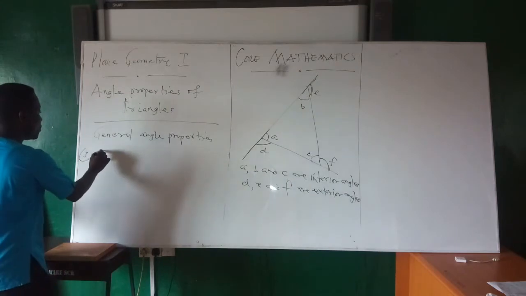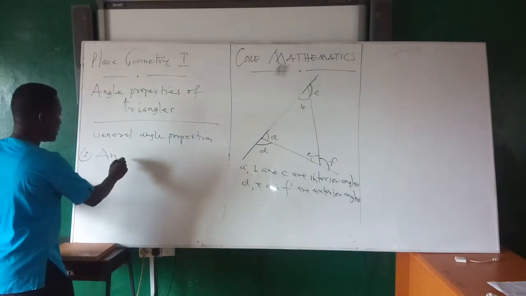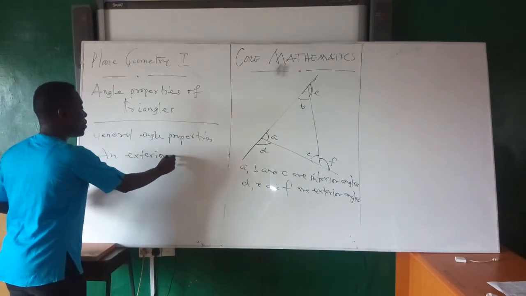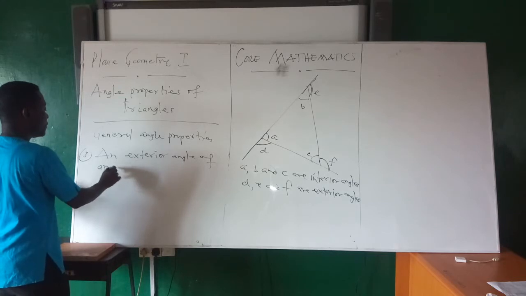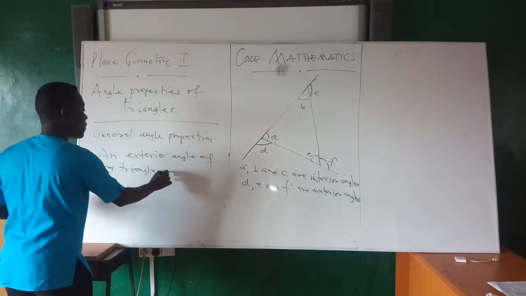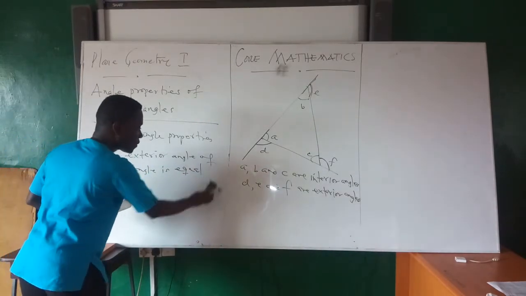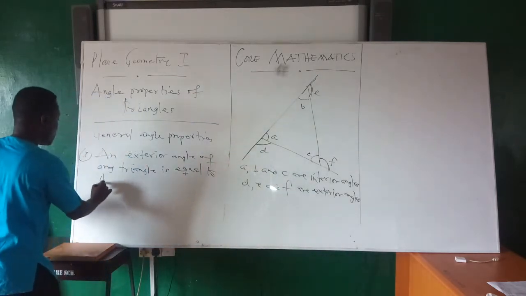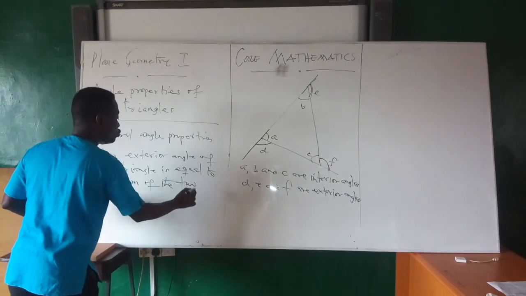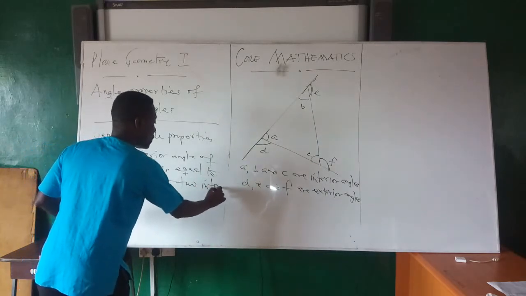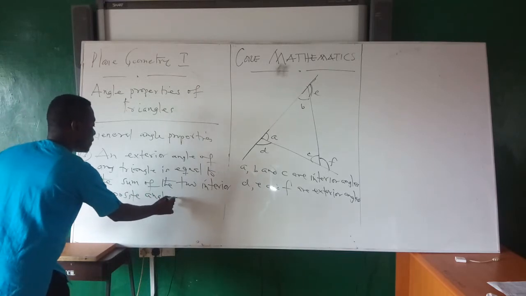Let me write it for you. An exterior angle of any triangle is equal to the sum of the two interior opposite angles.